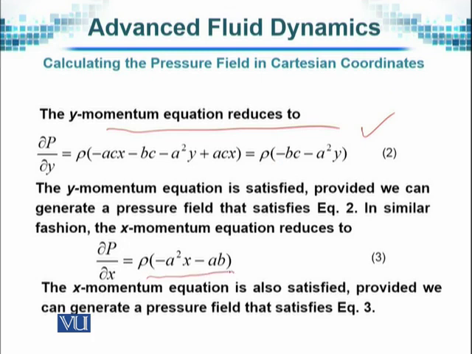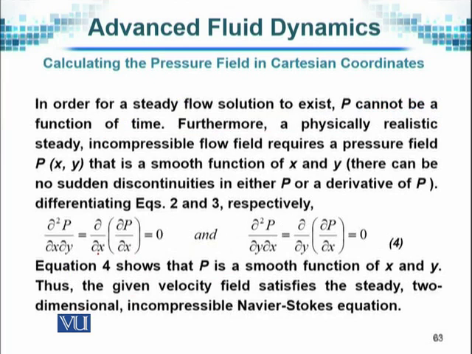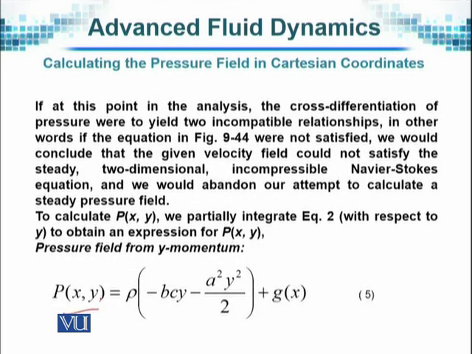From these two, we integrate this part with respect to y and this part with respect to x to be able to obtain 2 terms for p, and then we equate them to get the answer. Now p is not a function of time because the motion is steady. The two terms where I have non-zero terms are dp by dx and dp by dy.